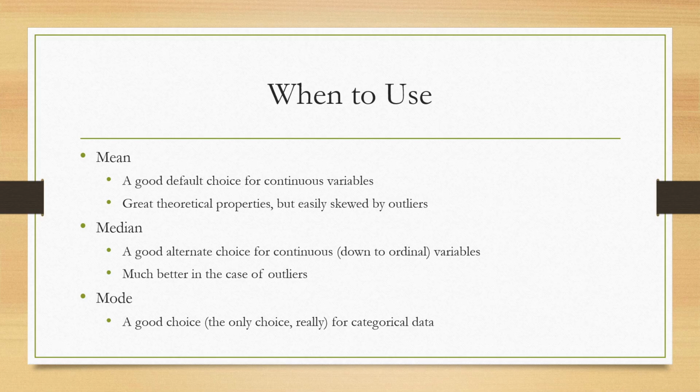What's the distribution of races? These are all mode questions. And frequency tables, which we use to calculate the mode. So those are all really good questions that we can ask of the mode. But again, it is primarily related to categorical data, not the other types of data options.